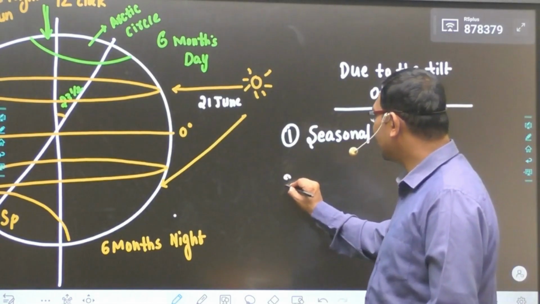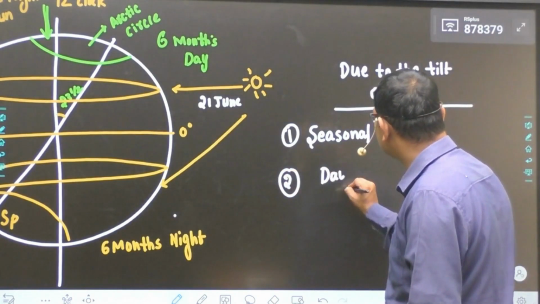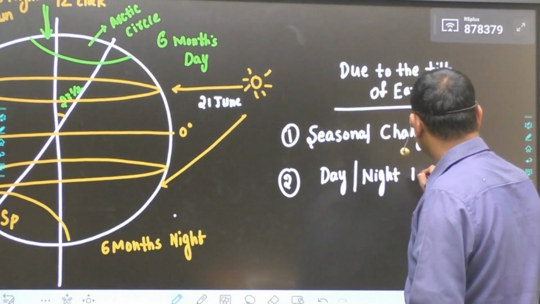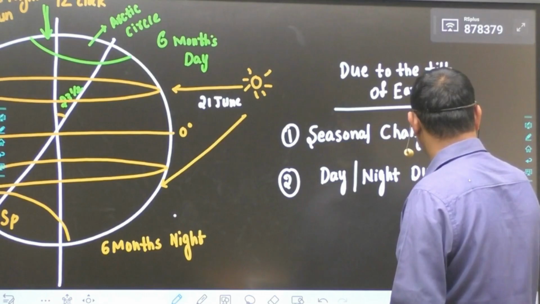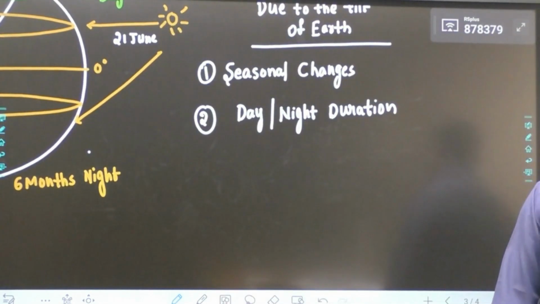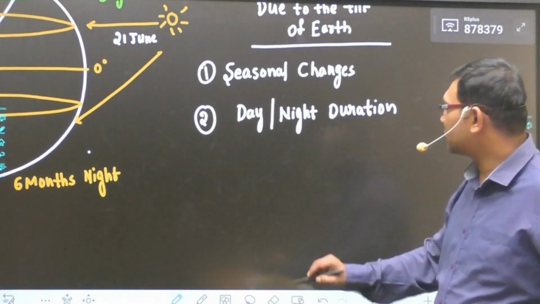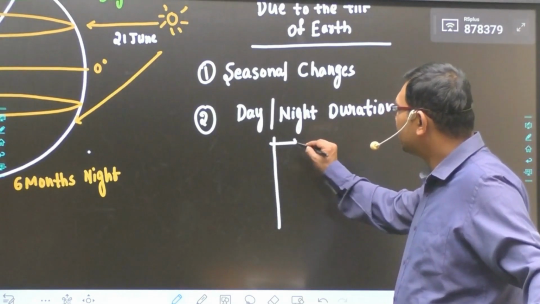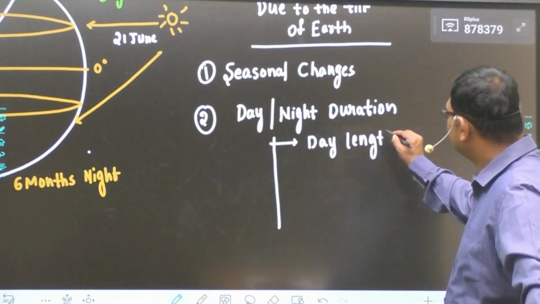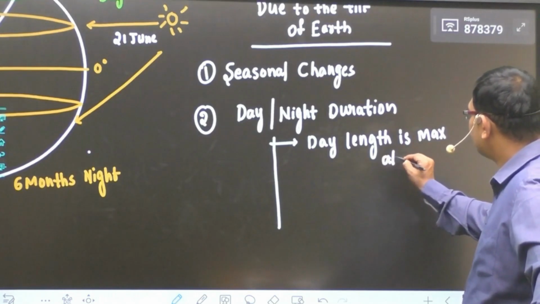Then second, because of the tilt, day and night duration also changes. How does it change? See here. Day length is maximum in the summer solstice. Yes or no? So I'll write it here. Day length will be maximum at summer solstice.